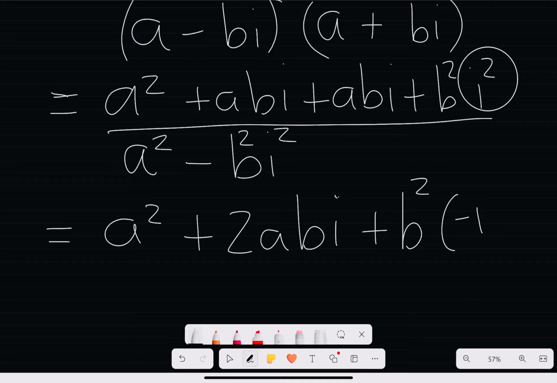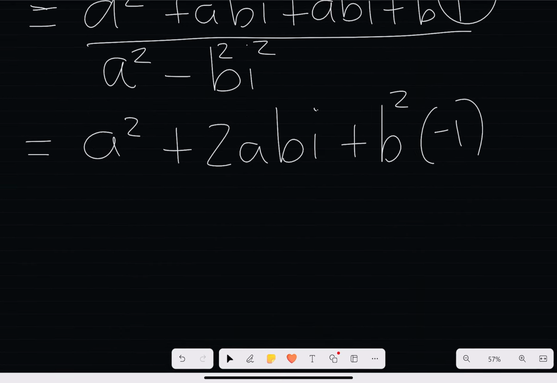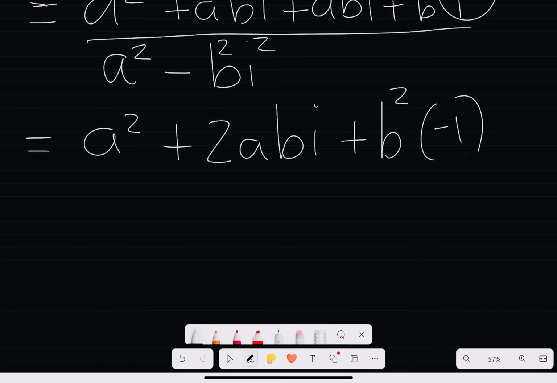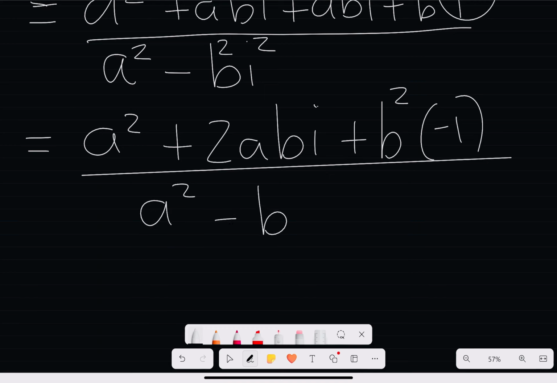Remember i squared is -1. And then at the bottom, we have a squared minus b squared, and then the i squared changes to -1.